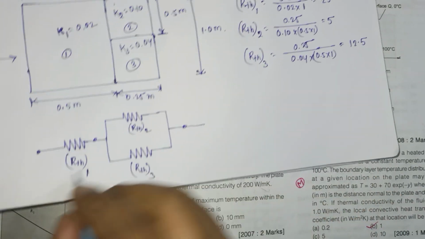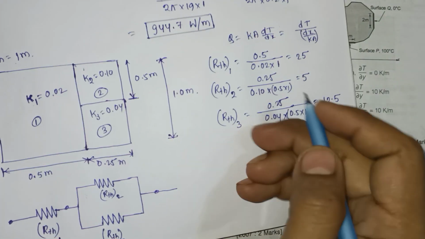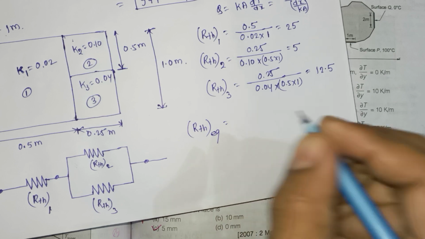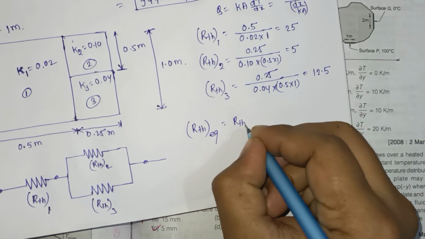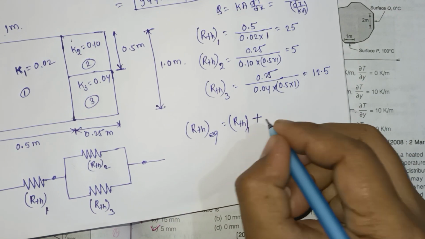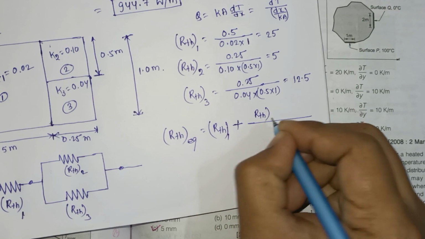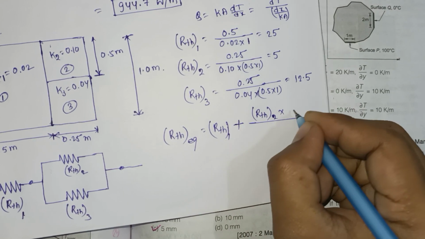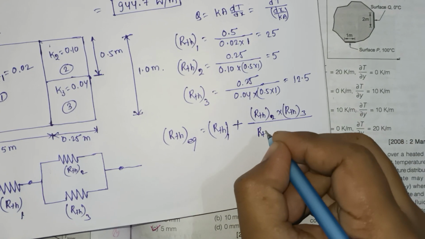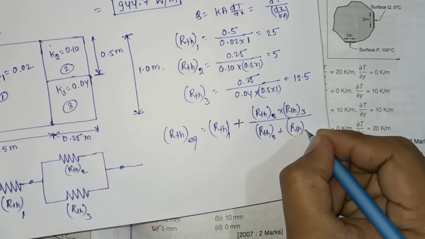So you have to find out the overall thermal resistance. What is the overall thermal resistance? So RTH equivalent is equal to RTH1 plus, the formula is RTH2 into RTH3 by RTH2 plus RTH3.